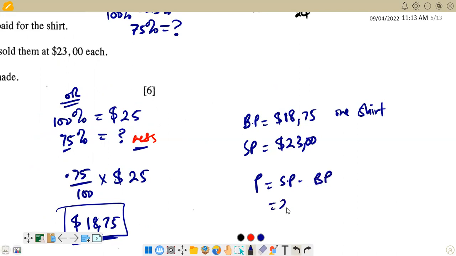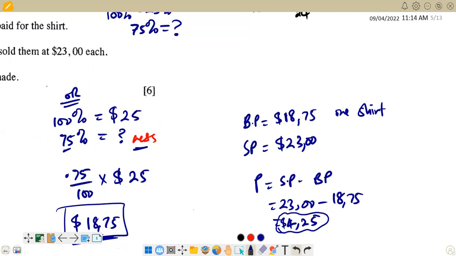So we're going to subtract 23.00 minus the buying price, which is 18.75. Okay, so let's try to do our calculations. That's 23 minus 18.75, which is 4.25. So this is $4.25. Okay, so this is the profit of one shirt.